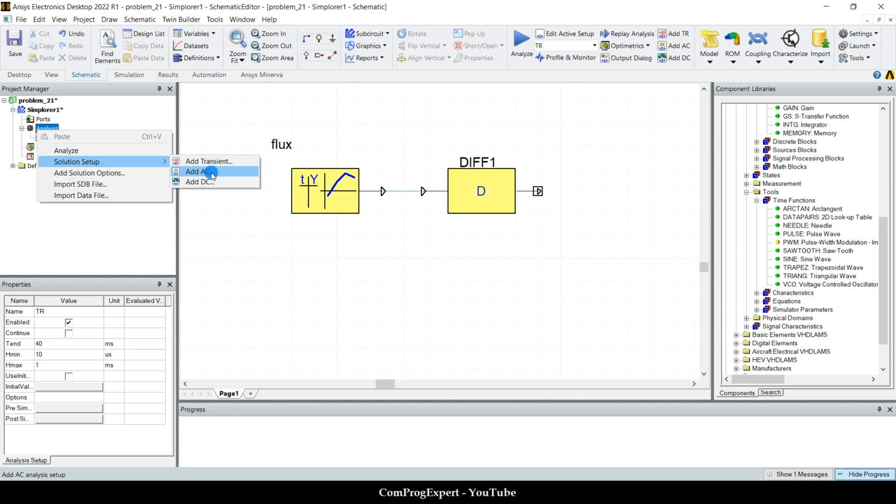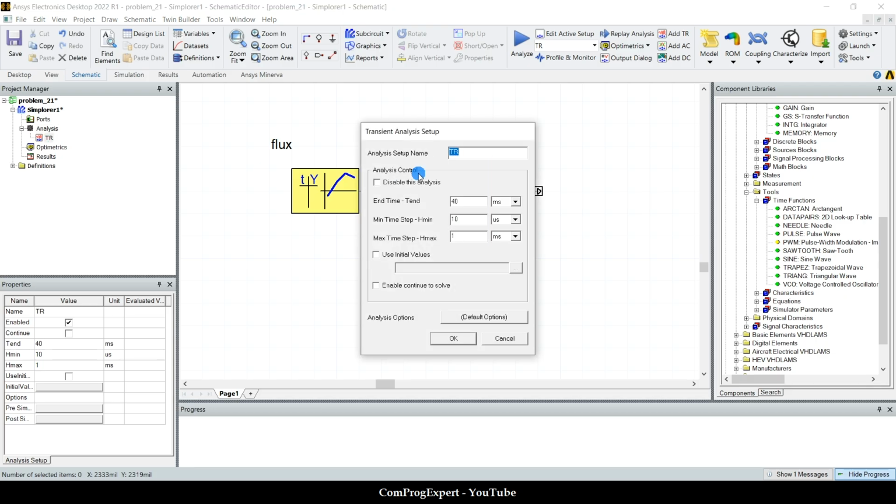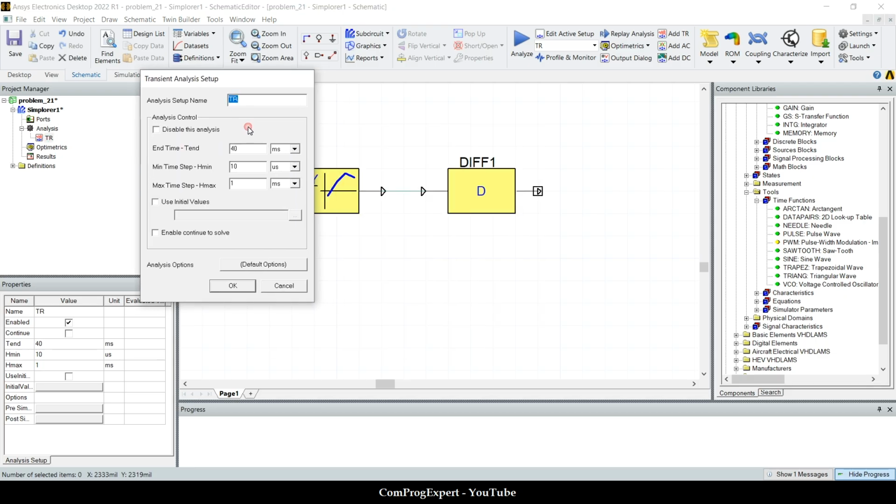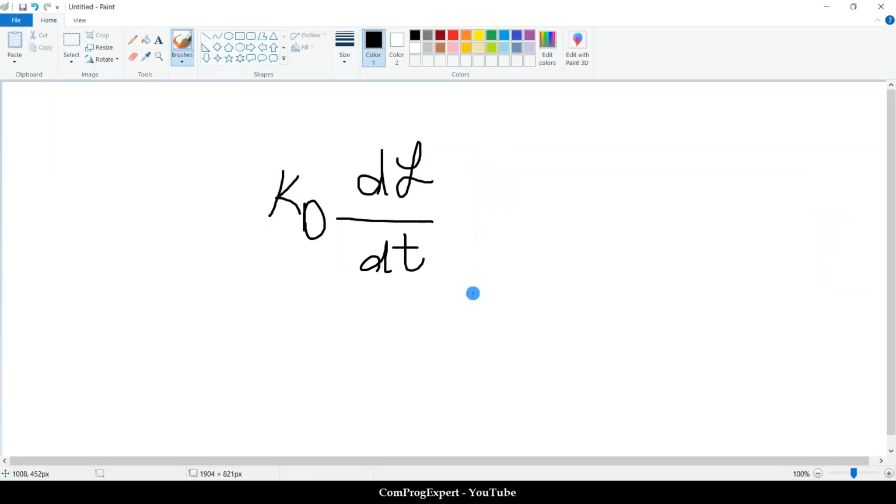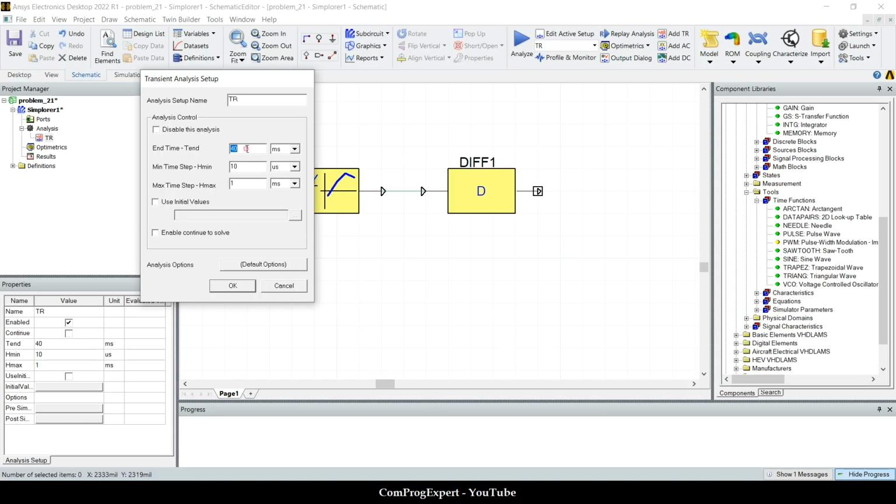Here let's set the simulation time. I am going to simulate two electric periods. One electric period is 25 millisecond, so let's consider 50 milliseconds for the simulation time.